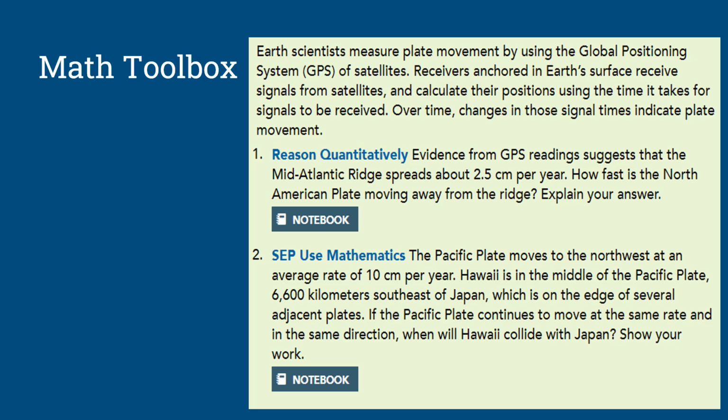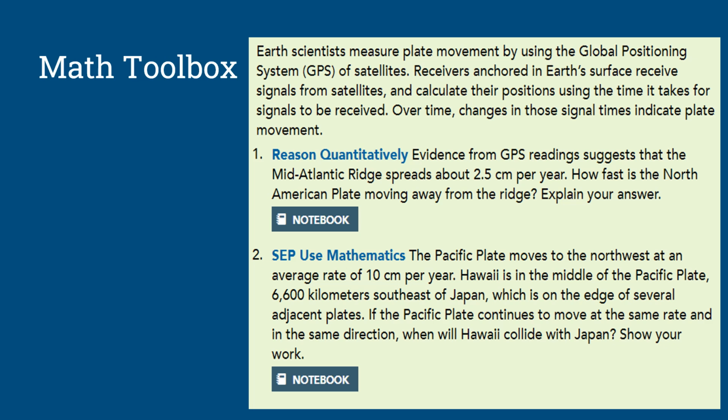All right, so it is moving about 1.25 centimeters per year. The North American plate is on one side of the Mid-Atlantic Ridge. If the mid-ocean ridge spreads about 2.5 centimeters per year, that suggests that each side is moving away from the ridge at half that speed.